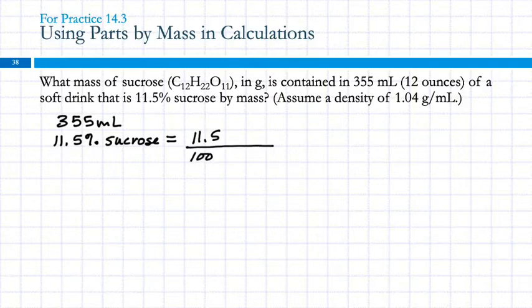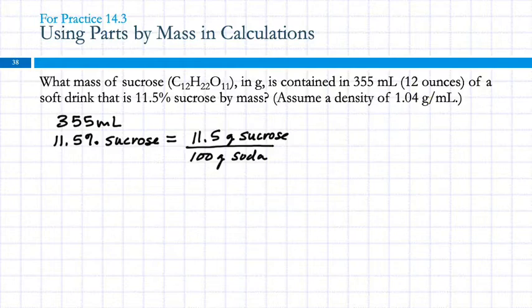And we're told that it's by mass. So an easy unit to use here would be gram, especially since we're looking for an answer in grams. That means there's 11.5 grams of sucrose in 100 grams of solution, soda. It's a mixture of the water and the sugar. Does that look like a conversion factor? Yeah, that's our conversion factor.